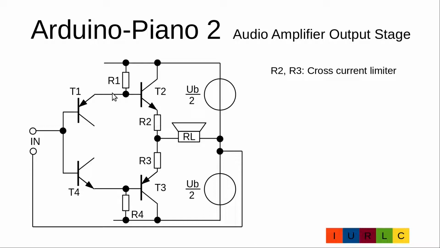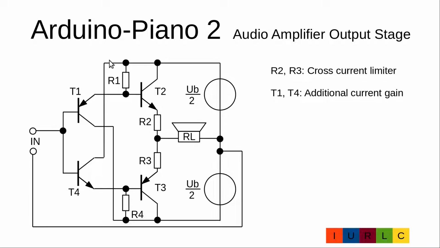So we have here 1.4 volt minus 0.6 volt minus 0.6 volt, which leaves 0.2 volt for these two resistors, and the maximum current which can flow here from the top to the ground is 0.2 volt divided by the sum of R2 and R3.